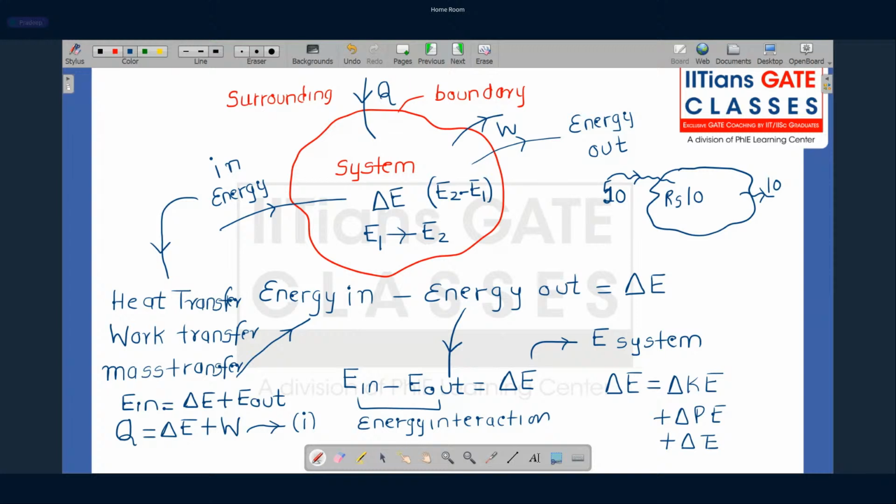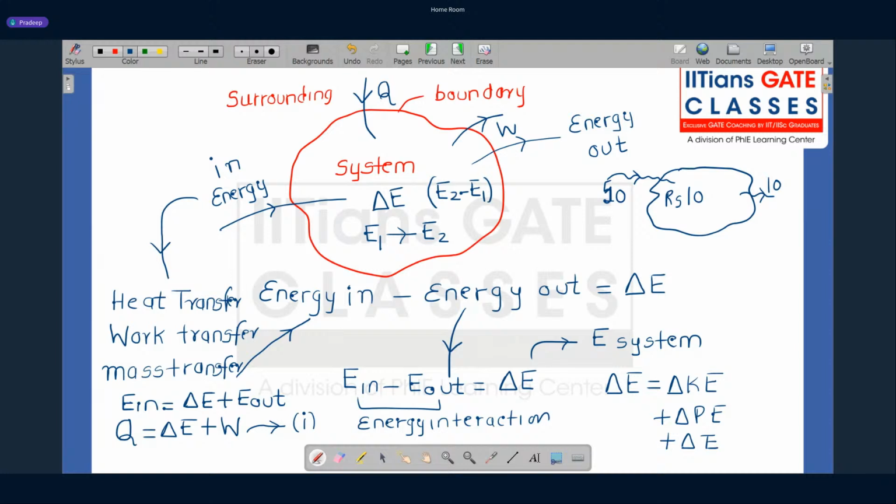So at the molecular level, there are molecular activities happening. If you look at the molecules, they are continuously in random motion, so they possess translational kinetic energy.